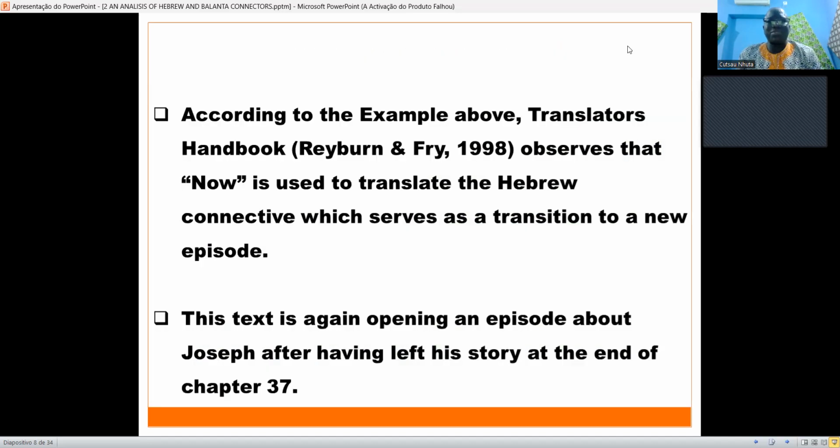According to the examples above, the Translator's Handbook observes that "now" is used to translate the Hebrew connective, which serves as a transition to a new episode. This text is again opening an episode about Joseph after having left his story at the end of chapter 37.